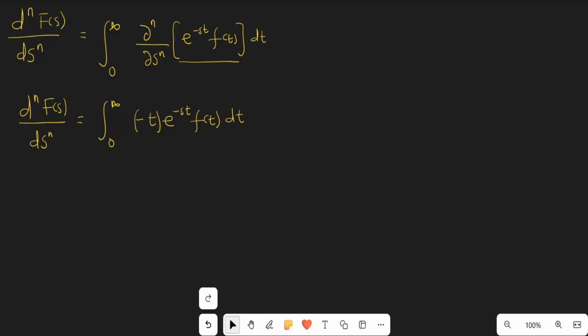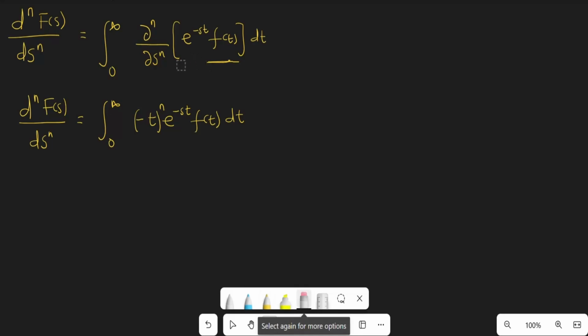For the fourth time, it is to the power 4, and so on and so forth. So doing it n different times, we are going to have negative t raised to the power n, and this will be the nth derivative of this function with respect to the Laplace variable s. So let me clean this up, make it a bit cleaner.